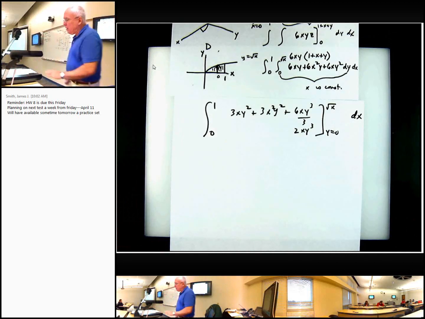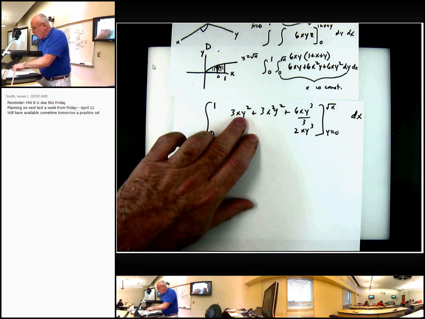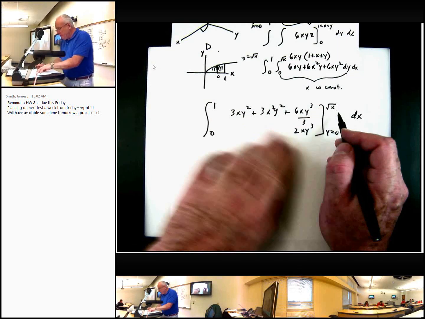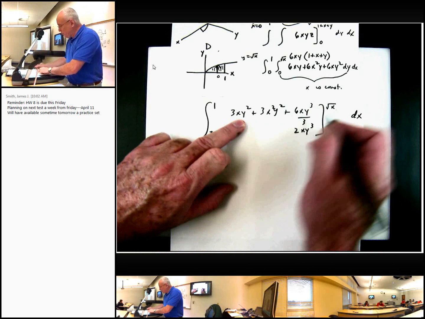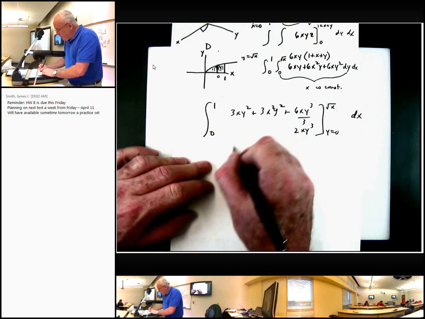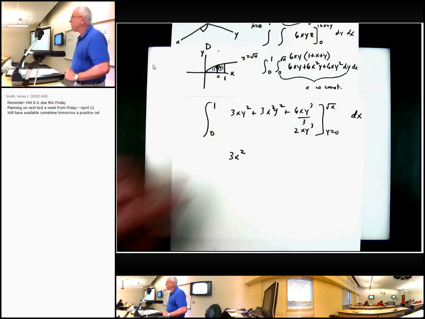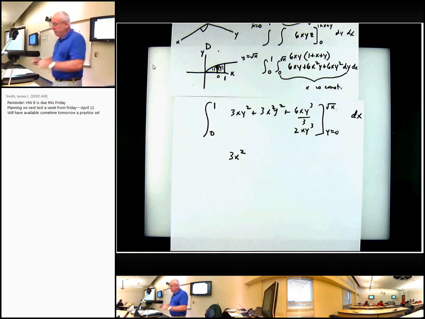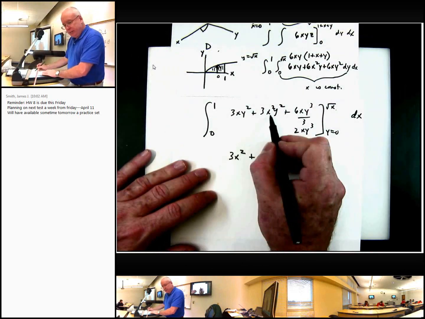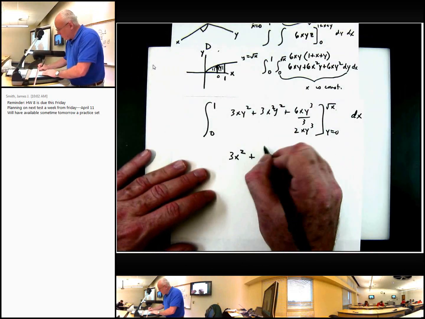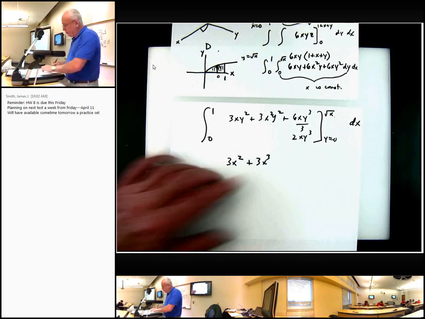Well, plug in the square root of x here, and y squared, the square of the square root, is just x. So this first one becomes 3x squared when I plug that in. This one becomes 3x squared times x, so that's 3x to the third.